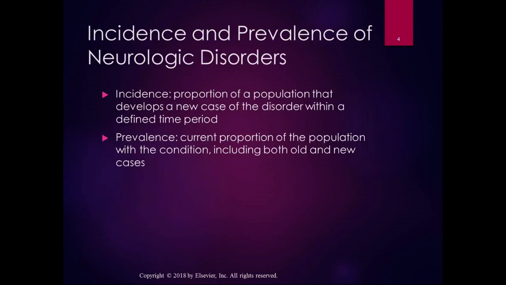We did talk in pathology class about the incidence and prevalence of all disorders, not just neurological disorders, but I want you to review the definition of these two. The incidence of any disorder, neurologic or otherwise, is the proportion of a population that develops a new case of the disorder within a defined time period.